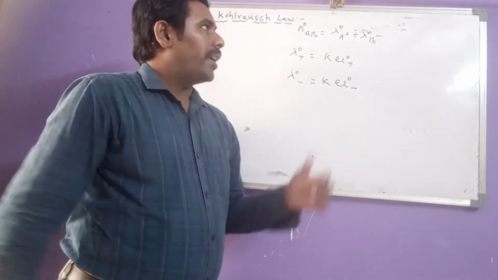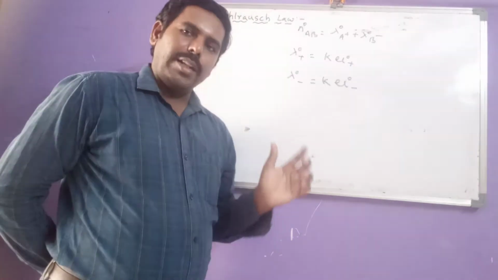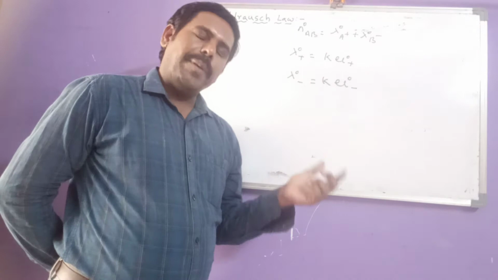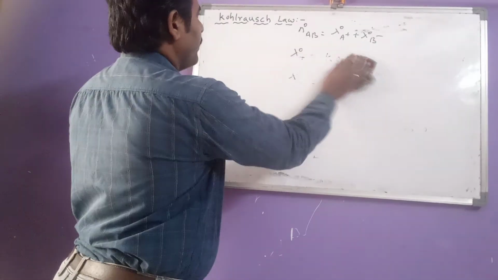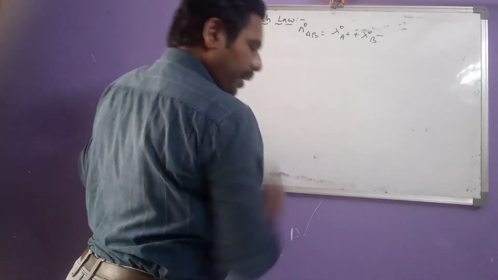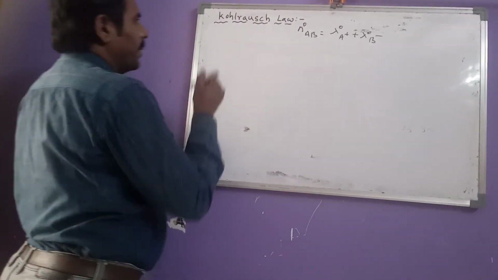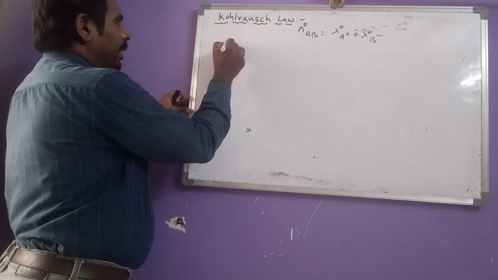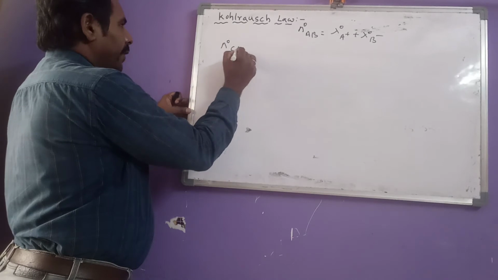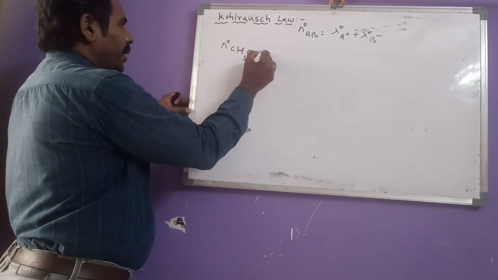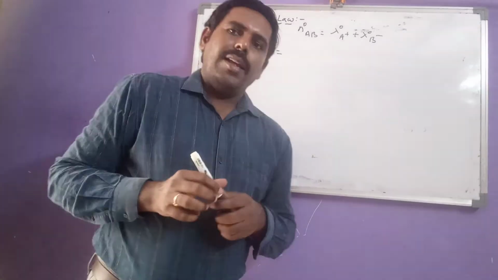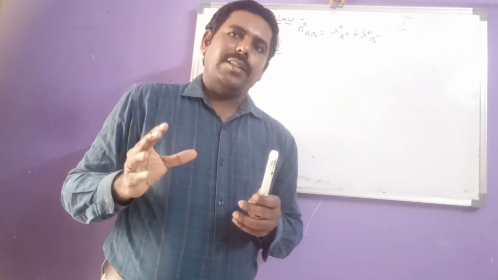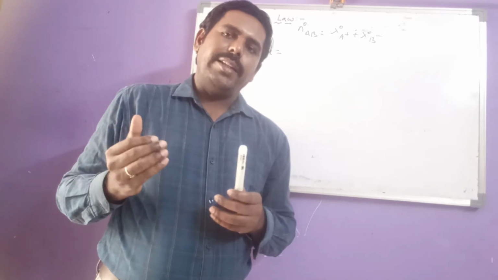Then what is the use of Kohlrausch law? That means applications of Kohlrausch law. So see here, one application I will give to you here. If you want to determine equivalent conductance of acetic acid at infinite dilution, as in the previous video discussion, what is the discussion we did?